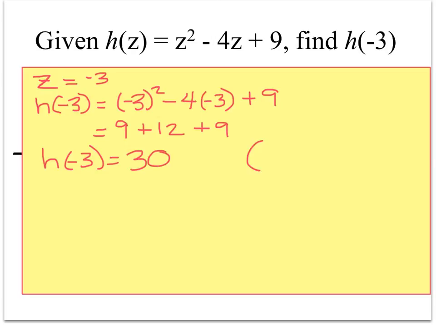So that means when z is equal to negative 3, the output h of z is equal to 30. So this is how you evaluate a given function.